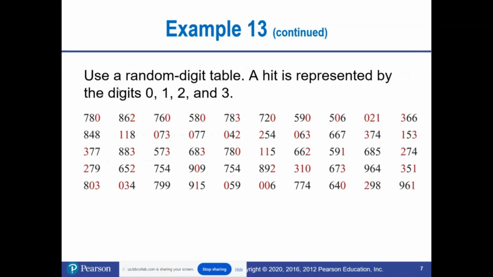So here's a random digit table, and if we are using that, basically we've gone through and all of the digits that are 0, 1, 2, and 3 are in red. The other digits are in black, so you can see the simulation using this table.